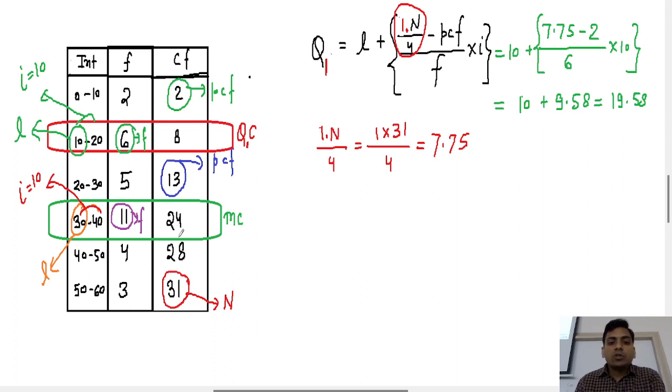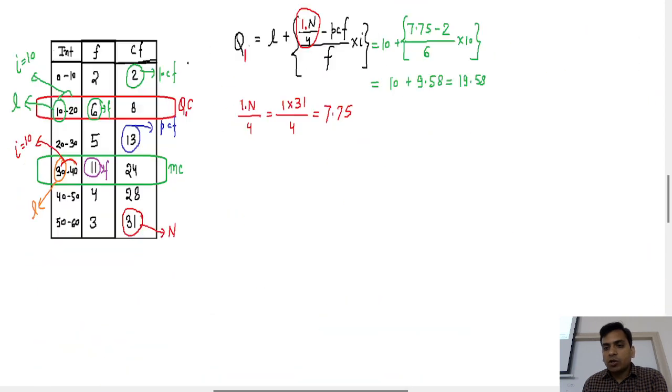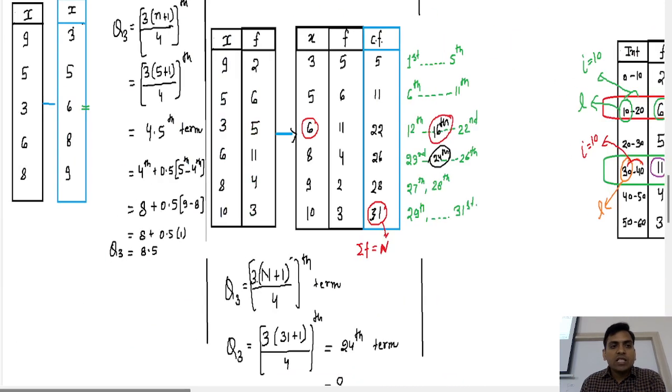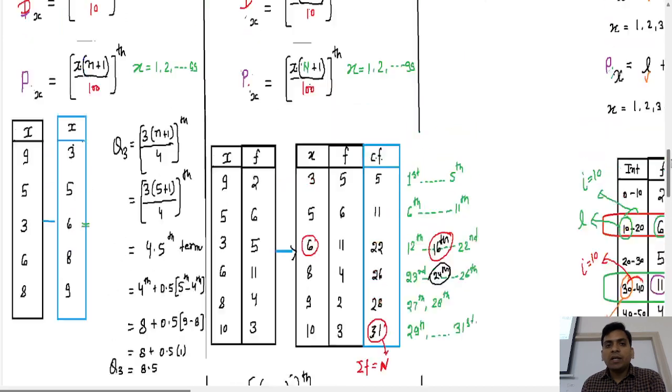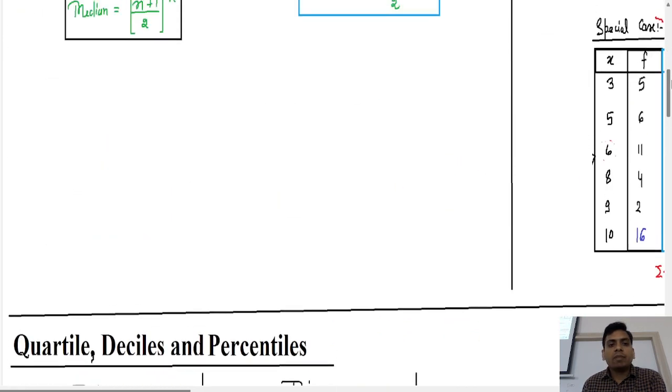Okay. So these four things, as I taught in this lecture or in the last lecture, median, quartile, decile, and percentile.